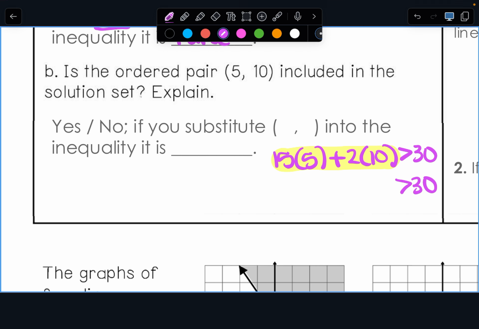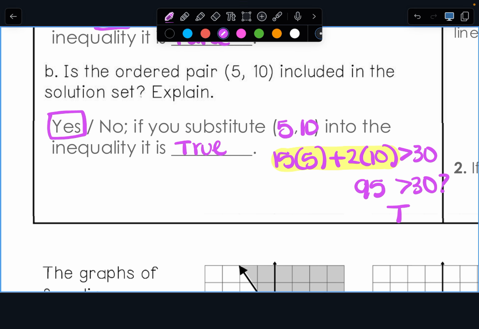Now, is 95 greater than 30? Yes, true. So is this a point in the shaded area? Yes, because if you substitute (5, 10), it gives you a true statement.